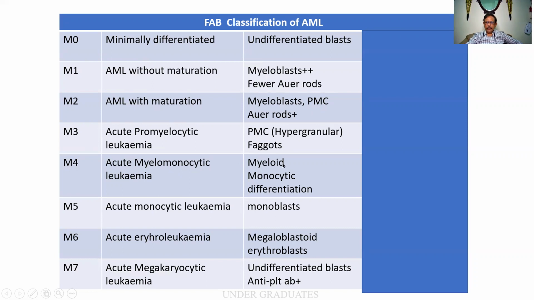Myelomonocytic, both the myeloid as well as monocytic lineage of cells will be seen, or differentiation will be seen. That is why it is called myelomonocytic. Monocytic, predominantly monoblasts. Erythroleukemia, erythroblasts. And megakaryocytic, we find undifferentiated blasts, which are positive for antiplatelet antibodies. They are megakaryoblasts. So this particular one we will have to memorize.